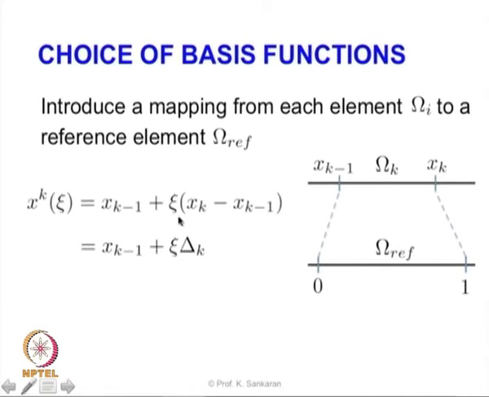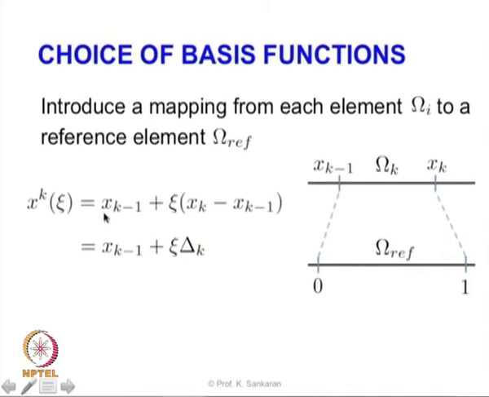So if I put eta equal to 0, x of eta will give me x of k minus 1. Similarly, if eta is equal to 1, what I will get is x of k minus 1 and minus x of k minus 1 will get cancelled. So we will get the value x of k, and the superscript here gives the coordinate. This is the kth element, that is why there is an x of k here.